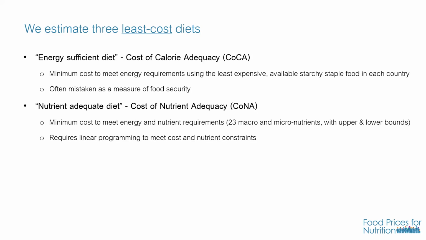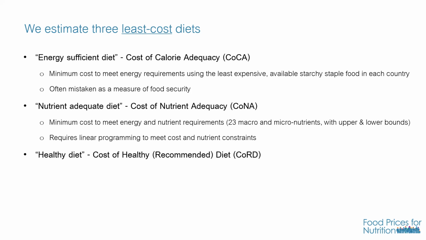And this metric reflects the minimum cost to meet not just energy needs, but also nutrient requirements for 23 different macro and micronutrients. This is a calculation that requires advanced statistical software to run the linear programming that will meet both cost constraints and the nutrient constraints. So how you can actually achieve all of those 23 nutrient requirements at the lowest cost.